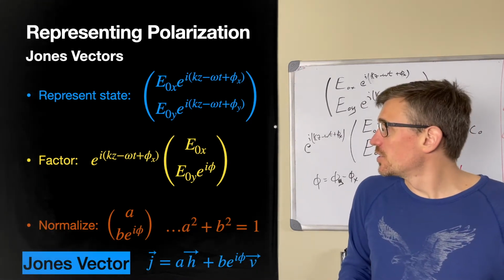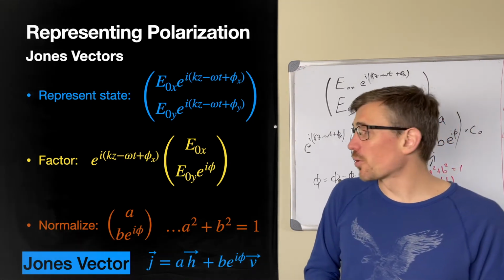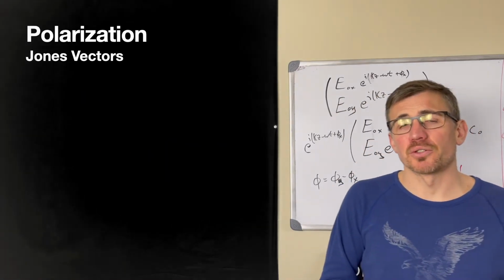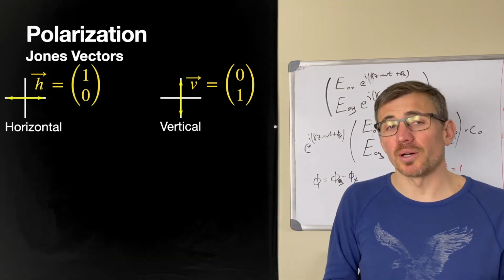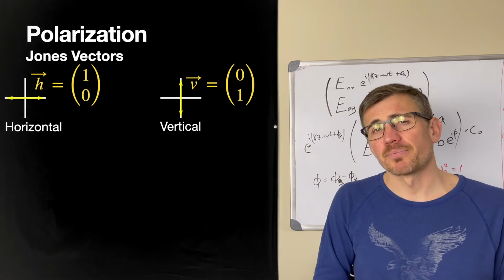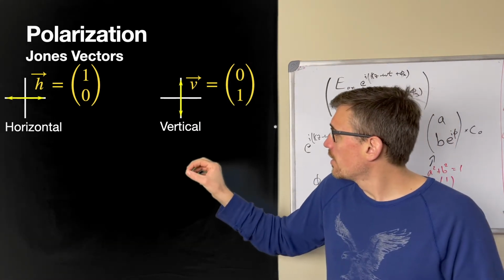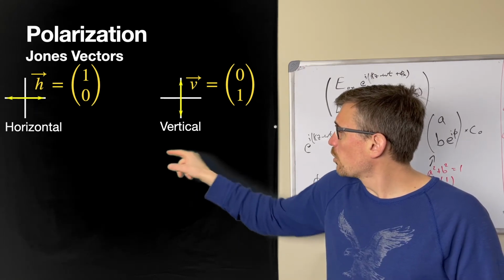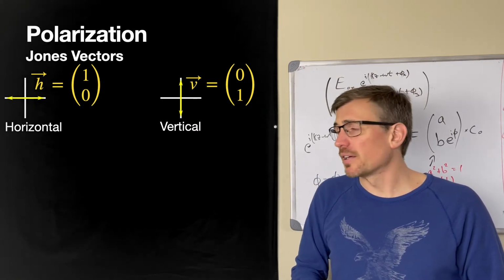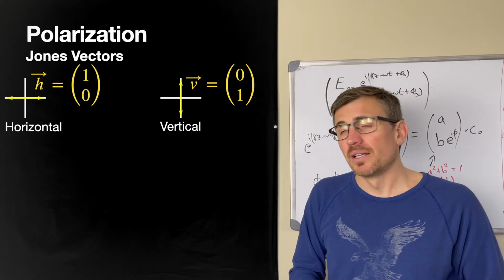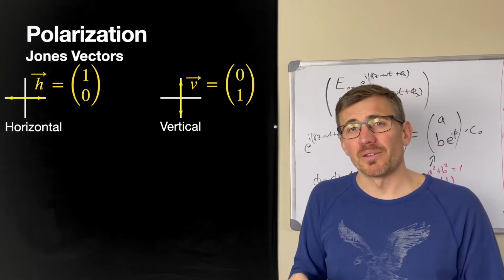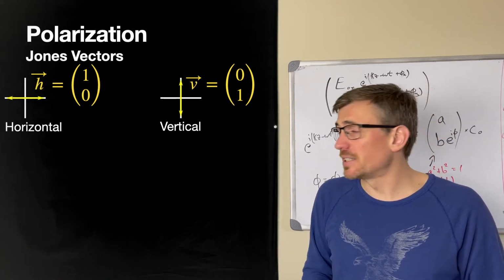Okay, so let's look at some of the polarization states that we've already seen as Jones vectors. We have the horizontal and vertical ones, which are just as drawn. How about our 45-degree light? Well, that had equal parts x and y, horizontal and vertical, and no phase between them. The phase between them was 0, so e to the i 0.